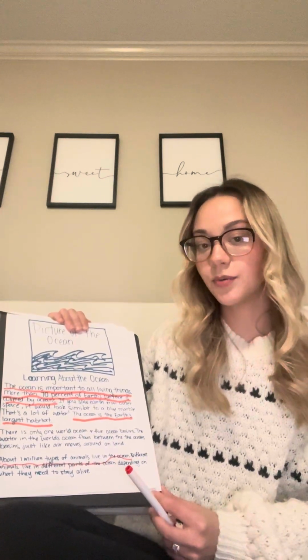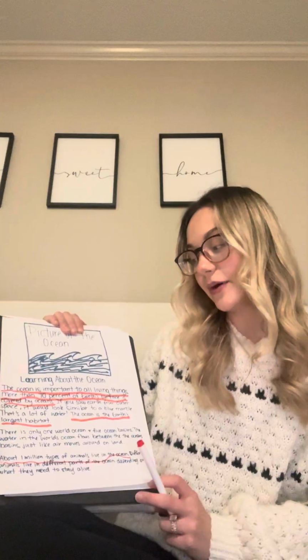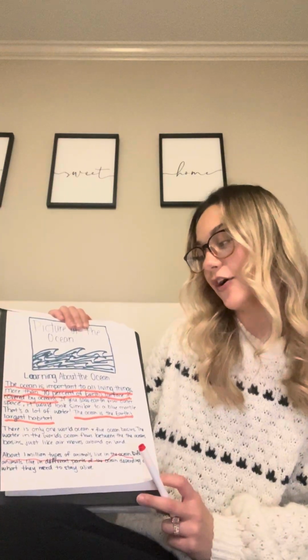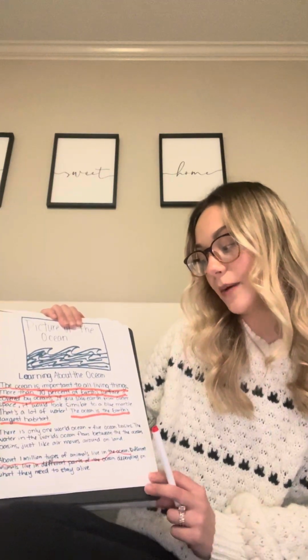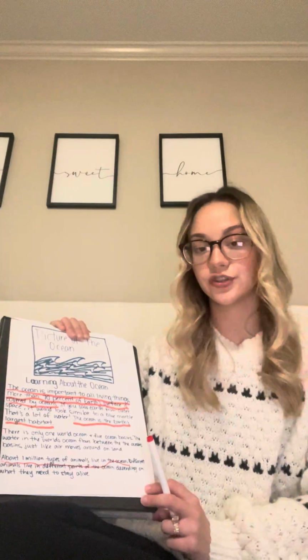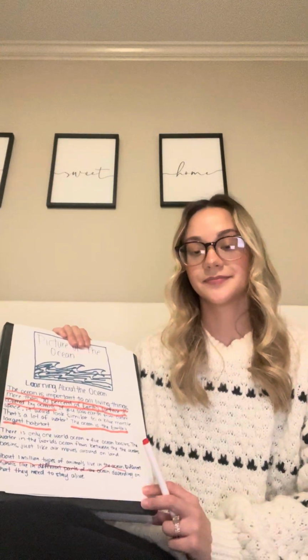And for our third supporting detail in our summary, we are going to put, we know that the ocean is important to all living things because about 1 million types of animals live in the ocean. And that is how you would create a summary based off of a text after finding the topic, the main idea, and 3 supporting details.